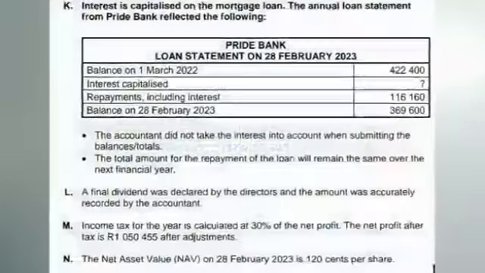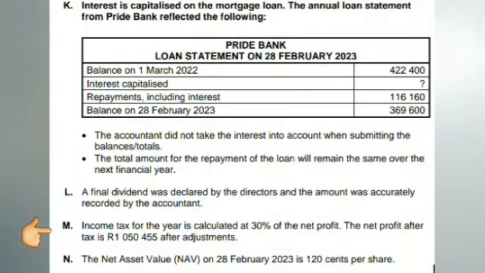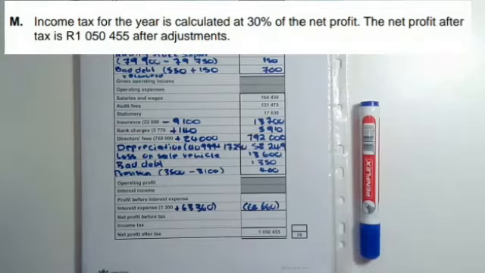To calculate our income tax, we are looking at information M. It says income tax for the year is calculated at 30% of the net profit. The net profit after tax is 1,050,450 after adjustments. If you notice, this is net profit after tax, and it has also been entered for us in our statement as the net profit after tax right at the end.